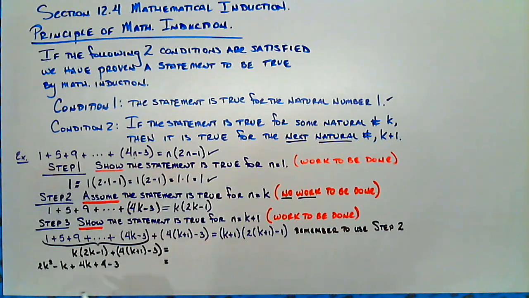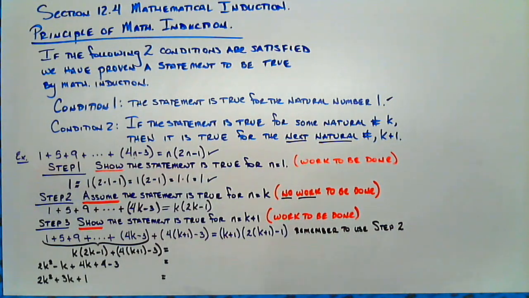What does this look like when we simplify? Well, there's only one term with a 2k squared, so we get 2k squared. Here we have a negative k plus a 4k, so that's going to give us 3k. And what do we get when we get 4 minus 3? We get plus 1.